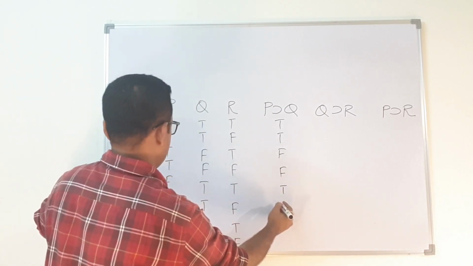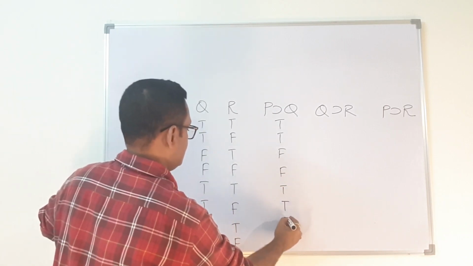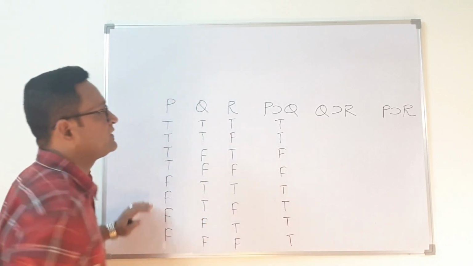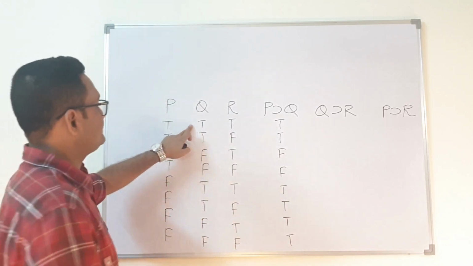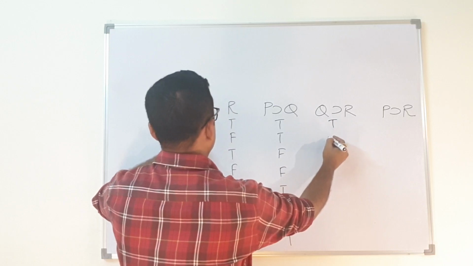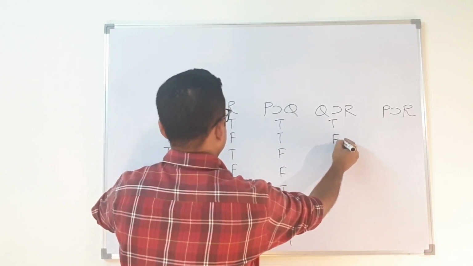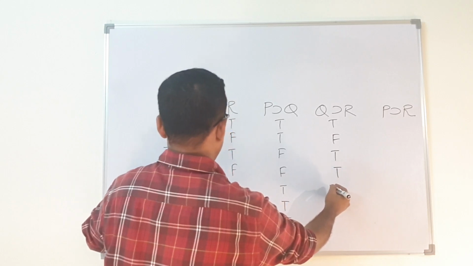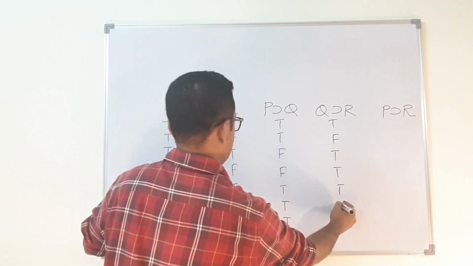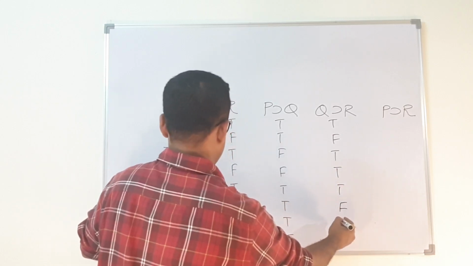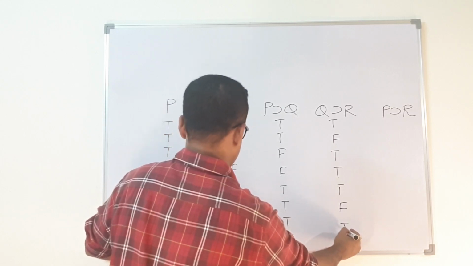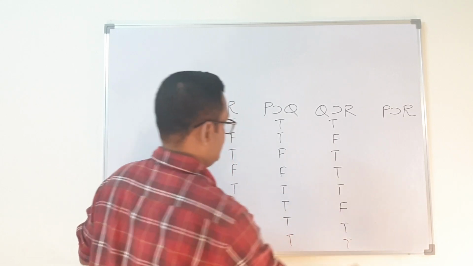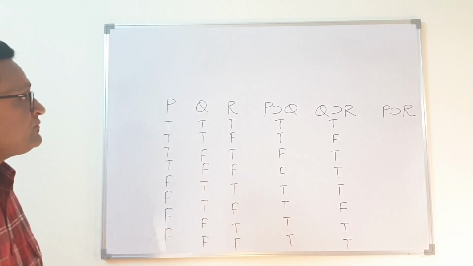true, true, true, true. Q implies R: true, false, true, true, true, false, true, true. Fine.